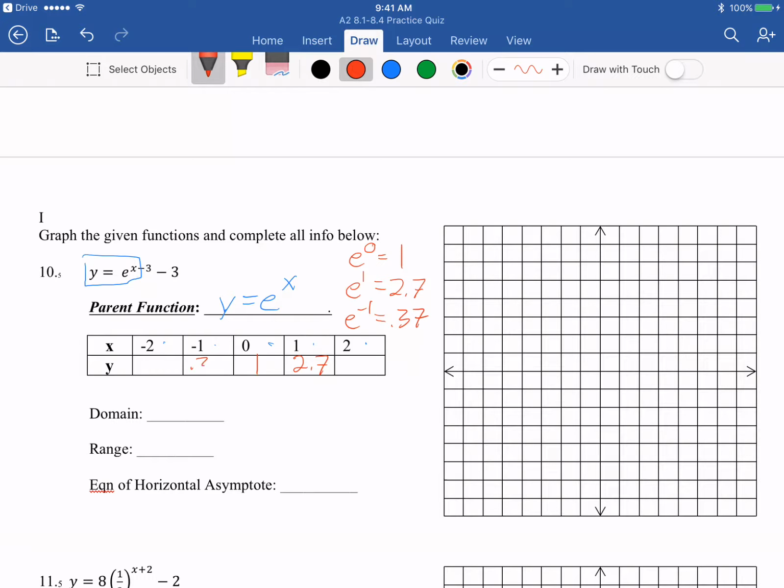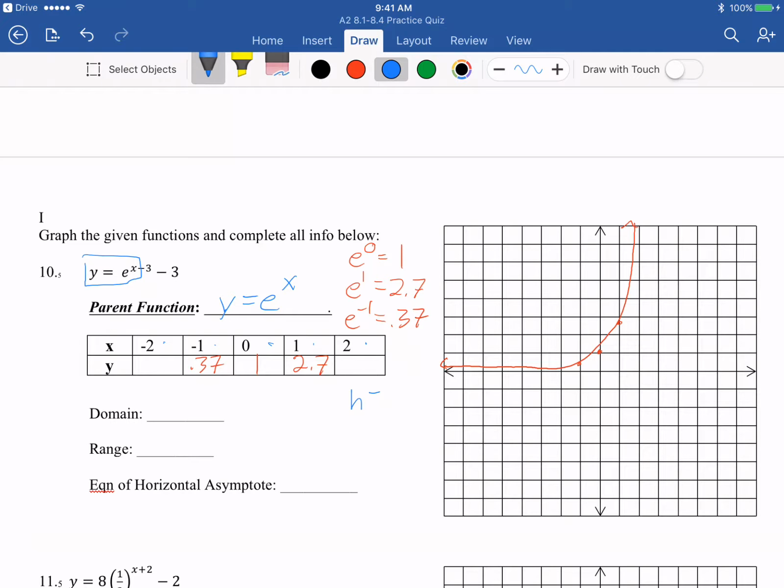So if I graph these, I go negative 1, 0.37, then 0, 1, and then 1, 2.7. This graph is going to come all the way in from up here, and it's going to get really, really close, but not go past that 0 line. Make sure it doesn't go past that. That's important.